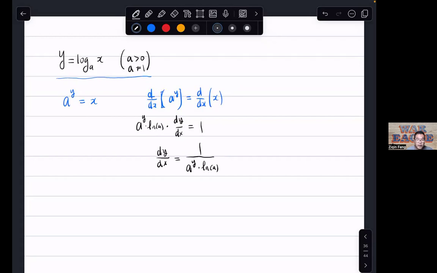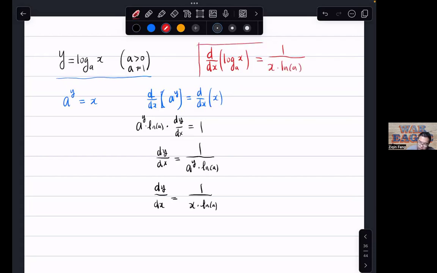We know that a to the y is x, so dy over dx is nothing but 1 over x times natural log of a, right? So let me write down the formula here. d over dx of log x with base a is equal to 1 over x times natural log of a, right? So this is also a very important formula we have.